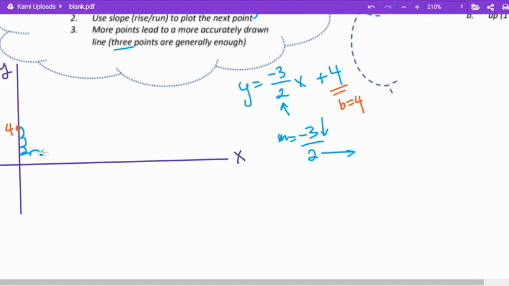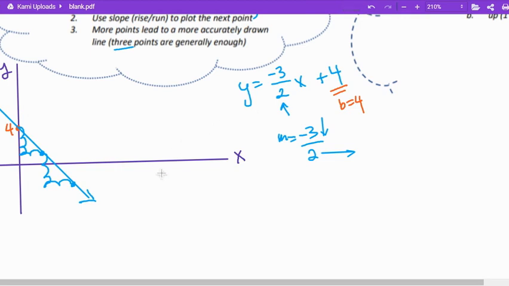I go 3 down, so rise, 1, 2, 3, and then 2 across, 1, 2, draw another point. And so as you can see, when we have 3 points, we can draw a line that is pretty accurate. Now, when we draw lines, please don't forget to add arrows at the ends of your linear function and try to get your line to go through the entire graph.